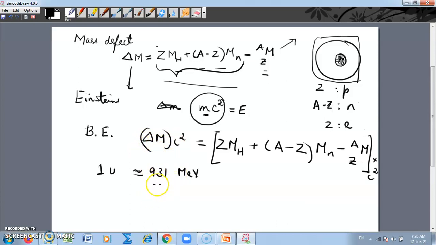Let us move on to something called the packing fraction, which has some importance in nuclear physics. So what is packing fraction?